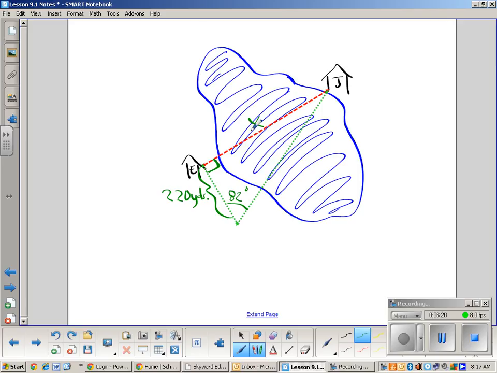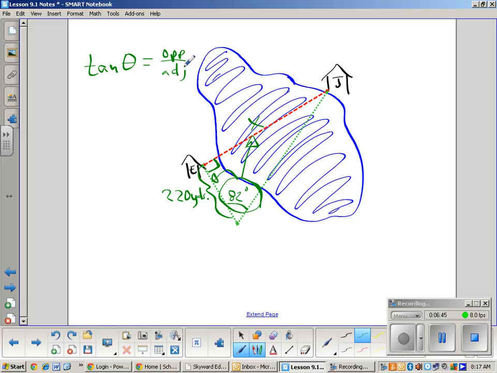Well, in relationship to this angle, where is the X side? Opposite. And where is this 220 yard line? Adjacent. And we just learned that the tangent ratio, so tangent of our angle theta, is equal to opposite over adjacent.